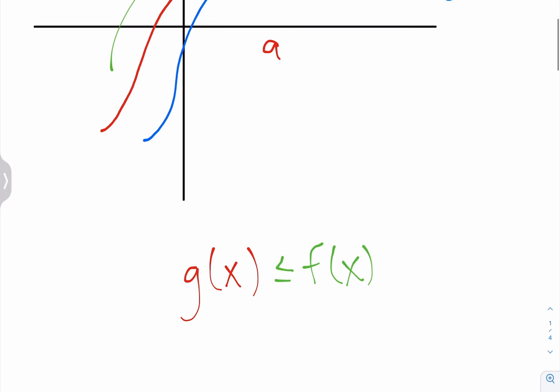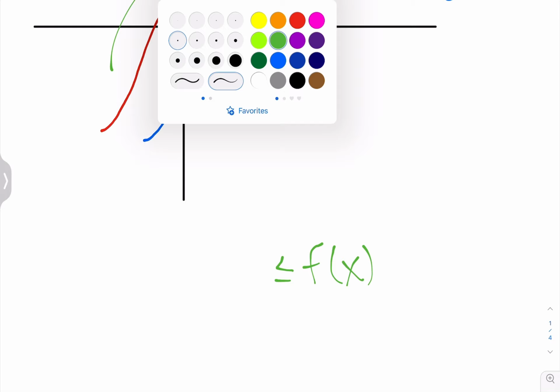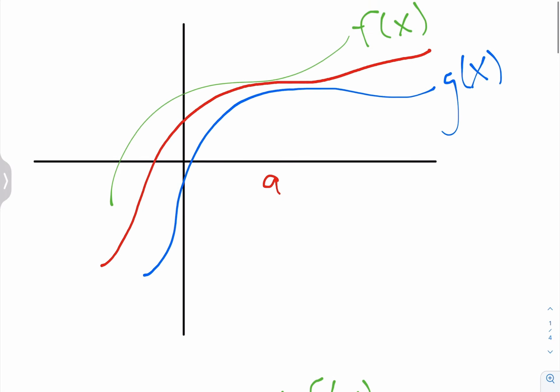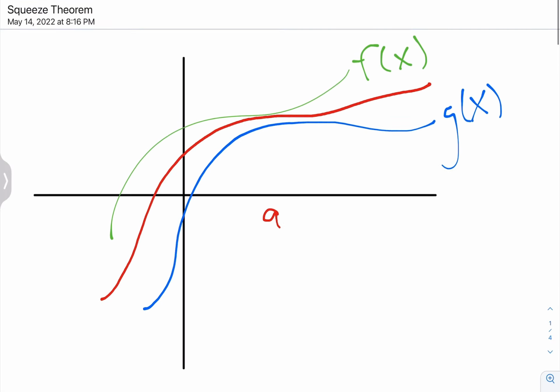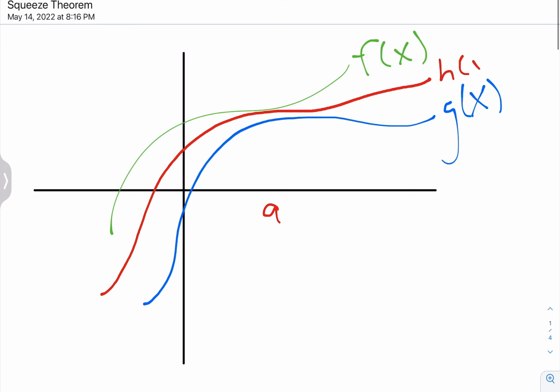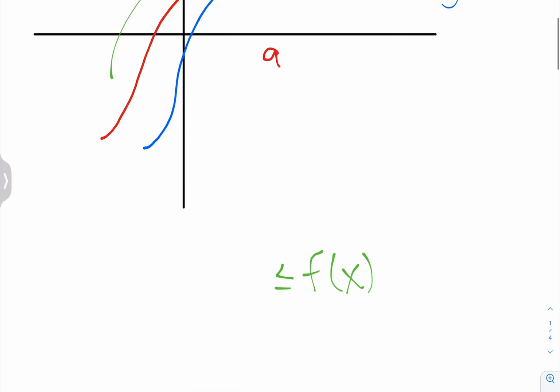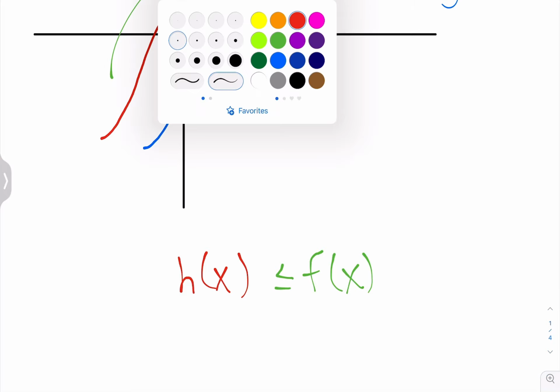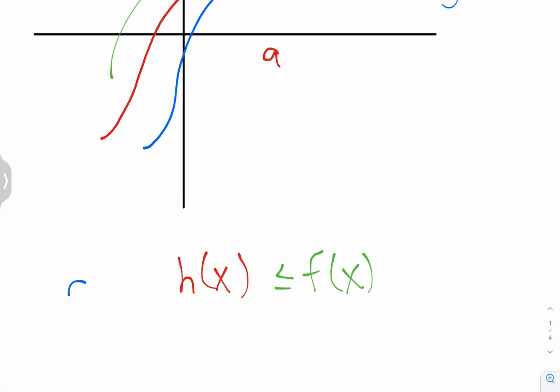I did the wrong color here. So g of x is the one on the bottom, so if this is h of x, right, if h of x is between g of x and f of x like this, and then I did g of x like this, there we go.